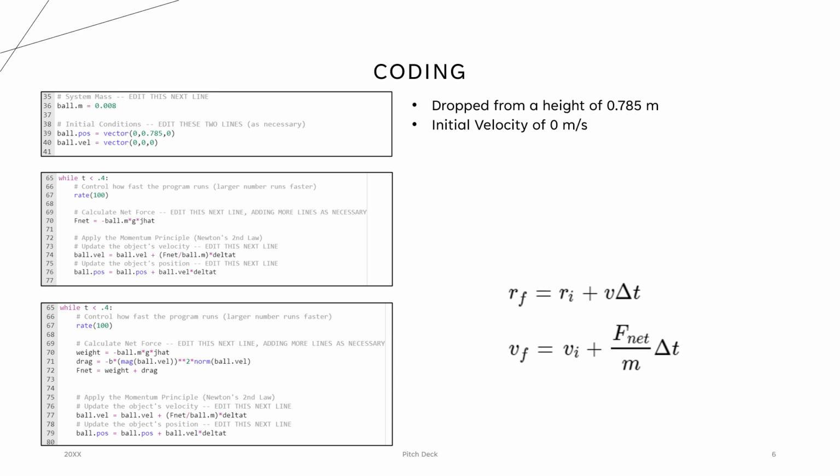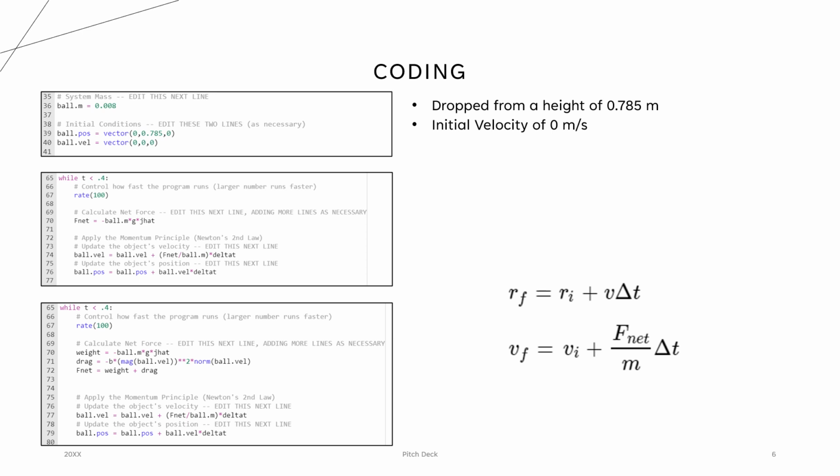And then the second box of code is Newton's second law without drag force, because in line 70 you can see F net is negative mg. In lines 74 and 76, you can see my velocity update formula and my position update formula.